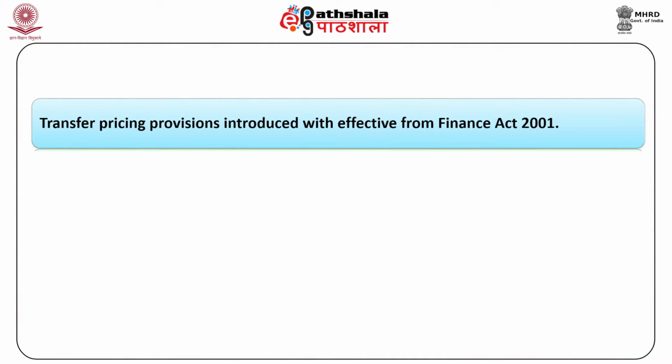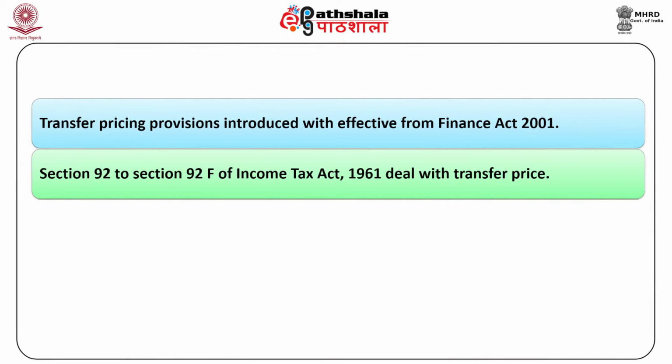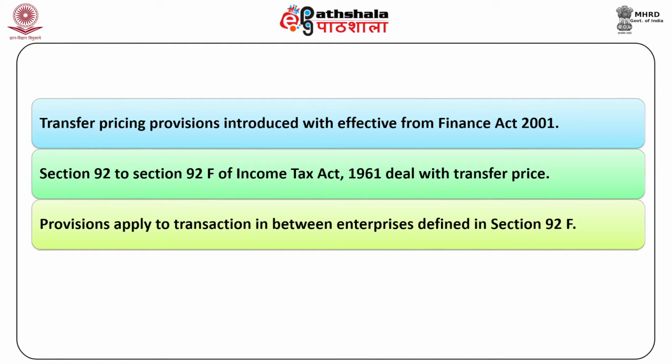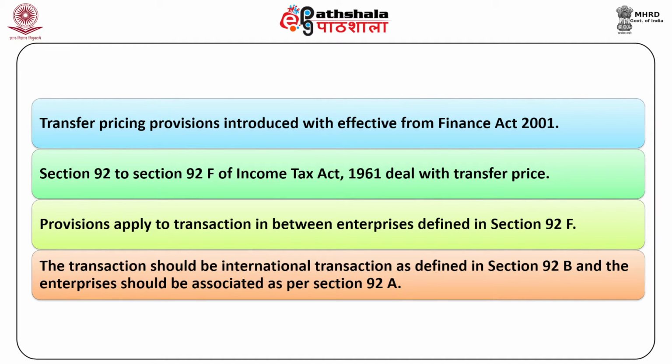Here the first, transfer pricing provisions were introduced with effect from Finance Act 2001. Secondly, Section 92 to Section 92F of the Income Tax Act 1961 deal with transfer pricing. The third, provisions apply to transactions between enterprises defined in Section 92F. Fourth, the transaction should be an international transaction as defined in Section 92B and the enterprises should be associated as per Section 92A.